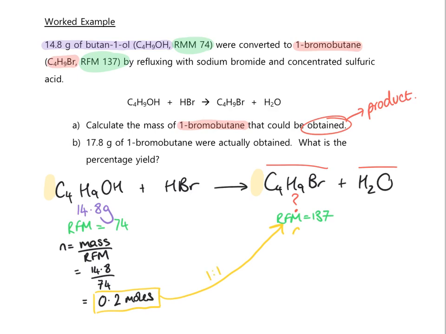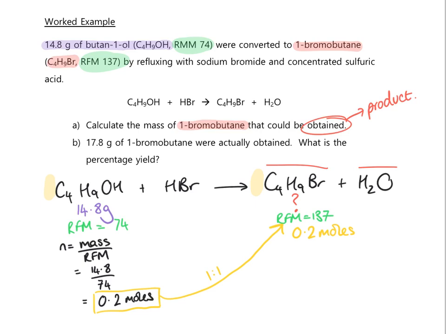That means I'm going to form a maximum of 0.2 moles of 1-bromobutane. Remember that, as we've discussed, this is your theoretical number of moles of 1-bromobutane that we would be producing. If all of my butan-1-ol is converted into bromobutane, then I would get 0.2 moles, and we'll take that into consideration in a second.